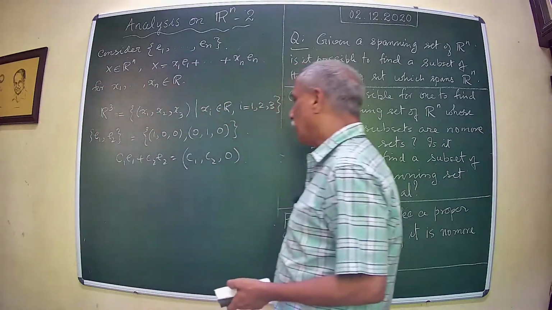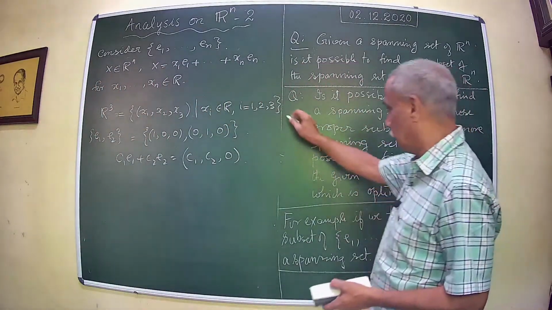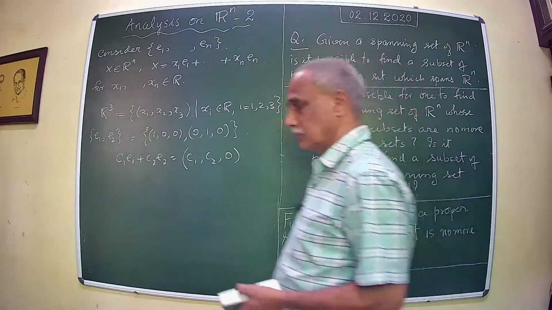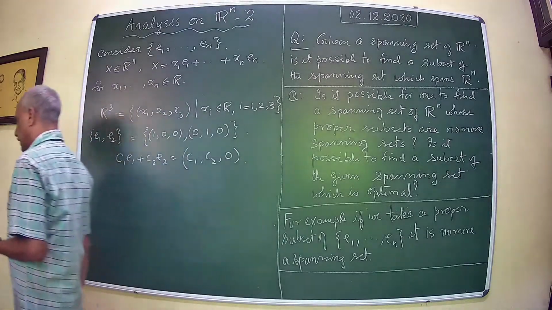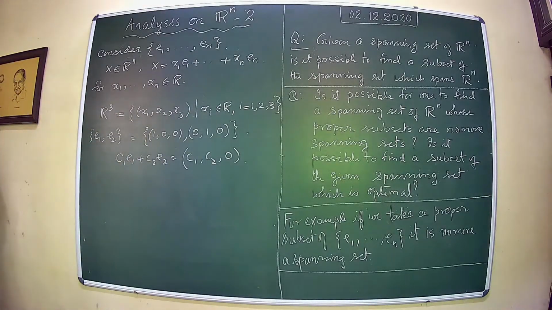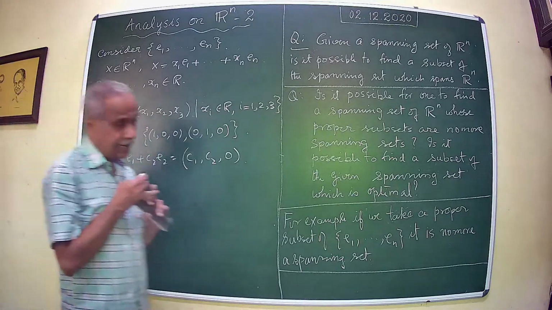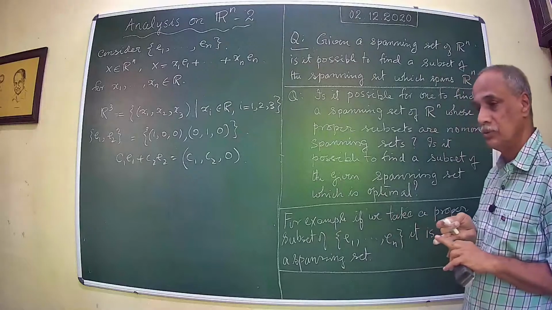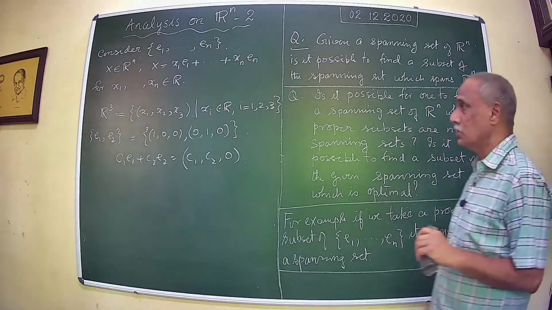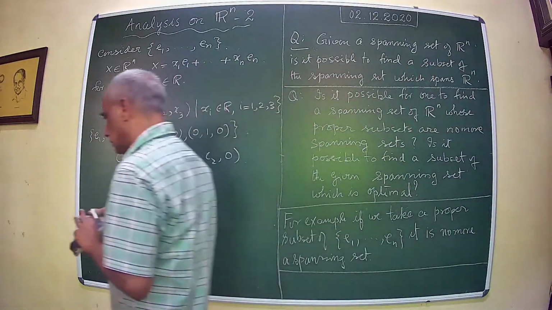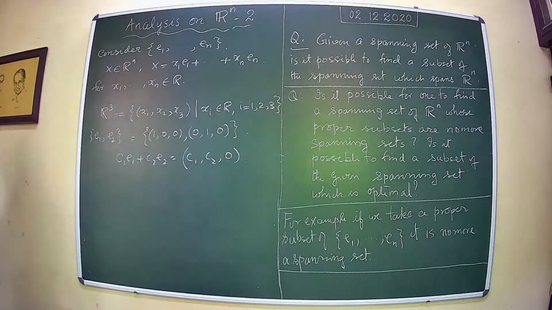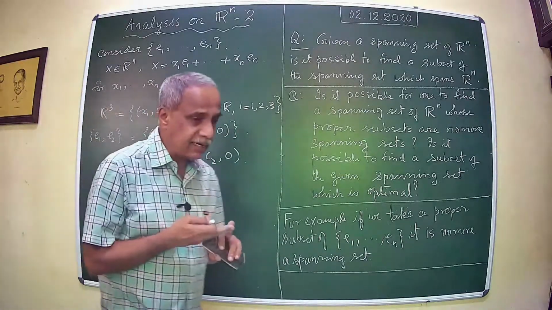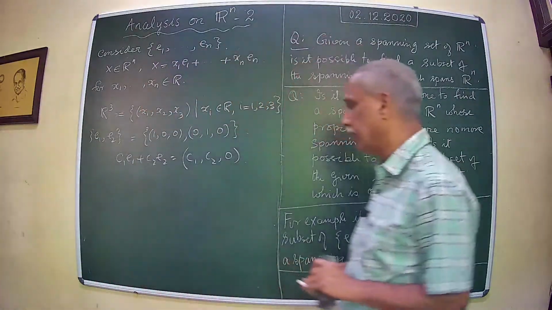Okay. Now what we want to look at is the property of this collection, identifying such a set. So we want a spanning set which is optimal. We want to identify such sets. So for that we introduce a concept called linear independence. Okay?